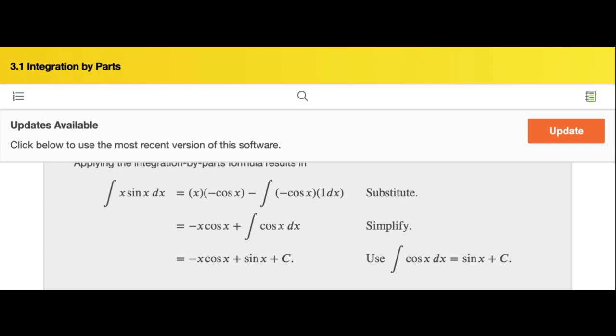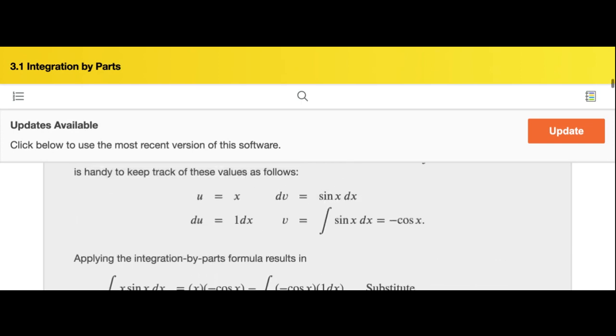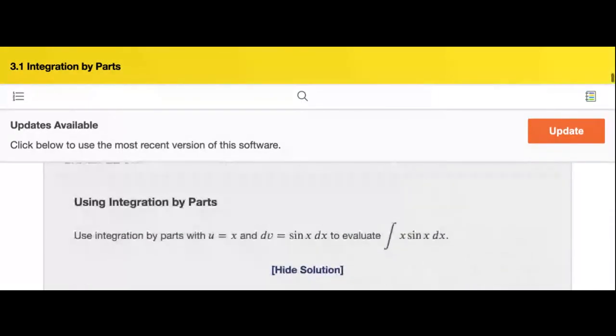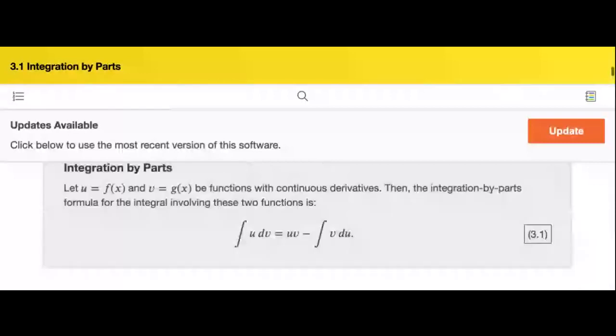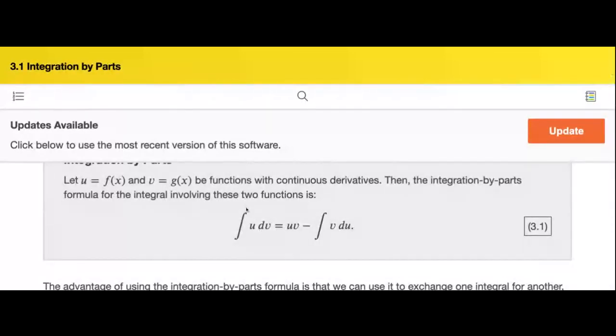Okay, anyone has any questions? So try to remember this, okay? Whenever the integrand is a product of two functions, and there's no way we can integrate by other methods, then we can use integration by parts, right?